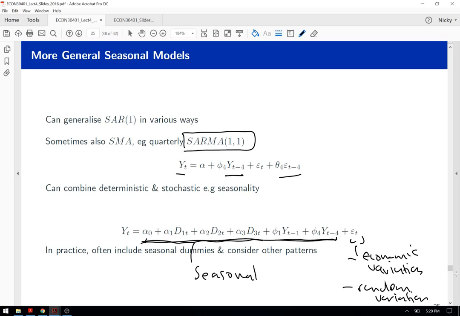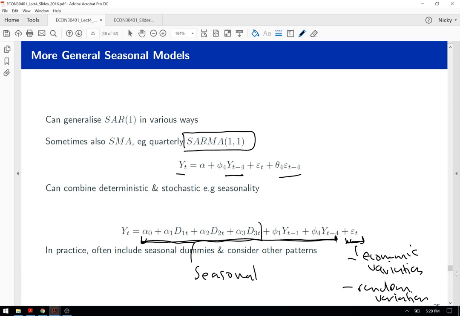So again, this is the point the first slide was getting at. We may attribute some of the variation to seasonality when it isn't. And in this course, we don't go into loads of depth on this. You just need to understand it at the broadest level. What would we suggest was seasonality and what isn't? How do we know? We can never really know. We just have to assume what we think is seasonal, and then the rest we're saying is just economic variation.